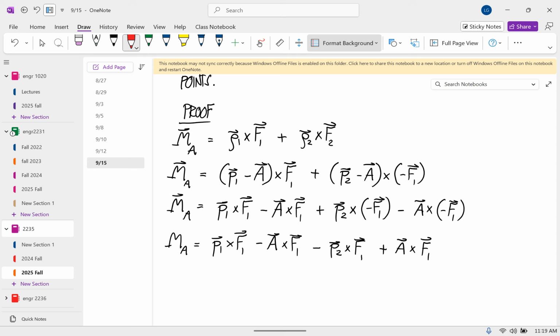And now we have a positive A cross F1 and a negative A cross F1, so those cancel each other. And that's the only place that A showed up. So now A is totally out of this calculation. So when we did this cancellation, there's no more A dependence.